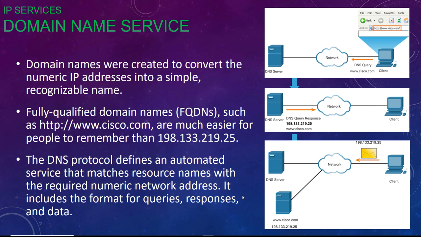So it's easy for us to always remember the fully qualified domain names. That is more reason why we have DNS, to always match the fully qualified domain name with an IP address. The DNS protocol defines an automated service that matches resource names with the required numeric network address. It includes a format for queries, for responses, and data.